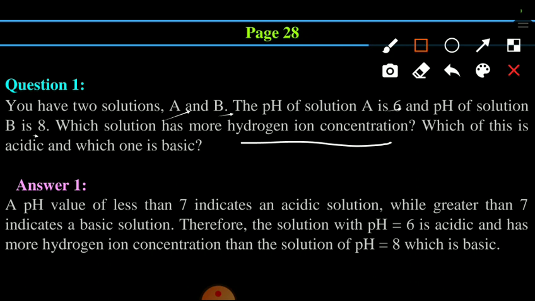So in the answer we can write: a pH value of less than 7 indicates an acidic solution while greater than 7 indicates a basic solution. Therefore the solution with pH 6 is acidic and has more hydrogen ion concentration than the solution of pH 8 which is basic.